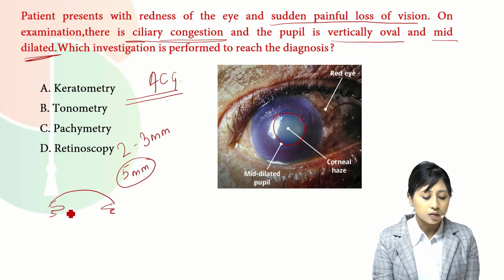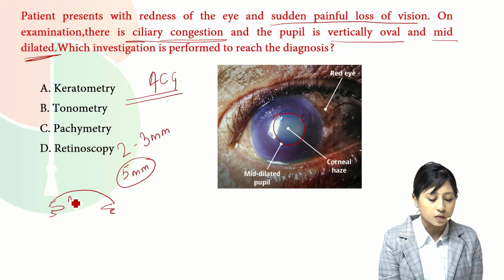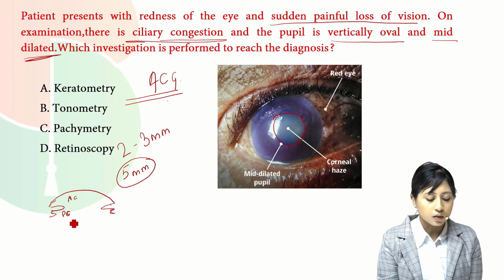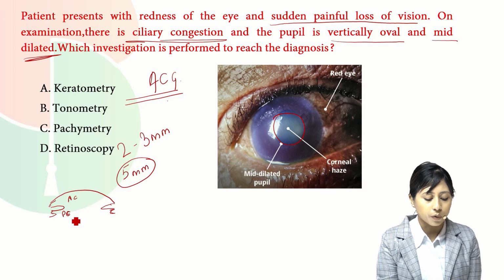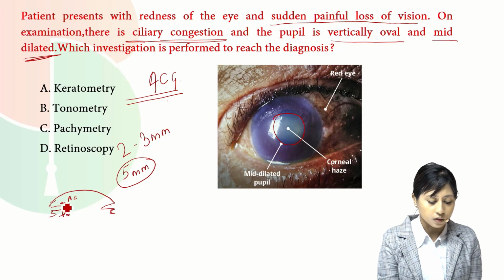The iris divides them. Beyond the iris is the anterior chamber, and between the lens and the iris is the posterior chamber. The aqueous flows from the posterior chamber into the anterior chamber. So this is the aqueous.